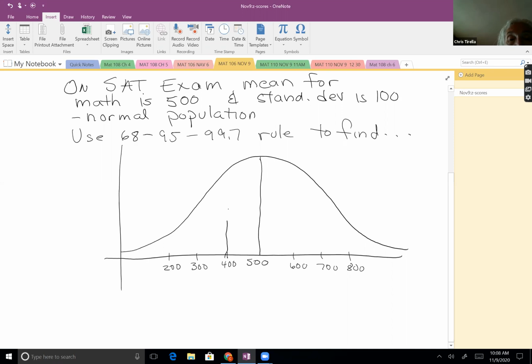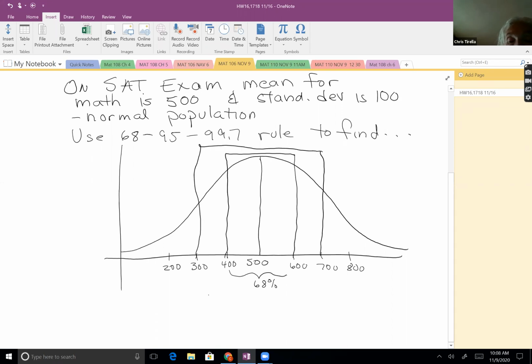And then we said between them we'll connect. And this middle one would be the middle 68%. And then when we connect the ones that are 2 away, we said that that would be 95%.